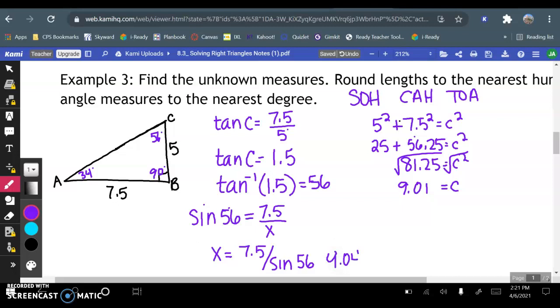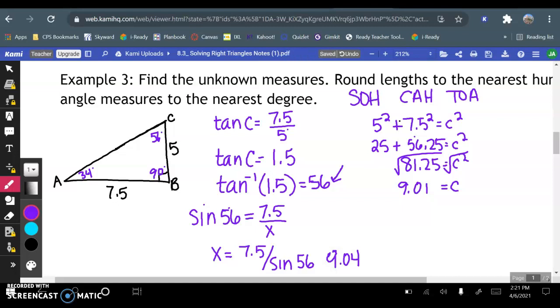9.04. Now, the reason that happened is because if you remember, we had to round this inverse tangent of 1.5, which is equal to 56 right here. We rounded that, so it wasn't exact. So when I used 56 here, I didn't get 9.01 exactly because we rounded that 56.